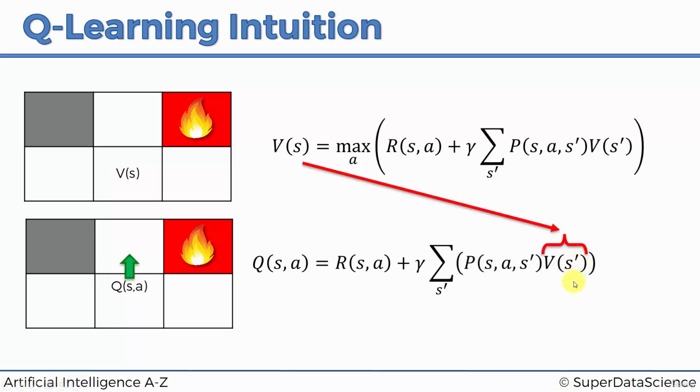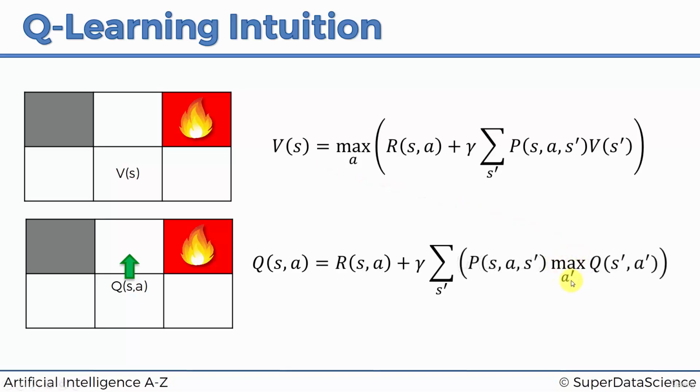So now we've got the maximum across all A primes, the actions that we're going to take from this state or from whichever other state we end up in. And the maximum is of all of the Q values that are available to us in that new state, S prime comma A prime. So there's going to be another 4 Q values there.